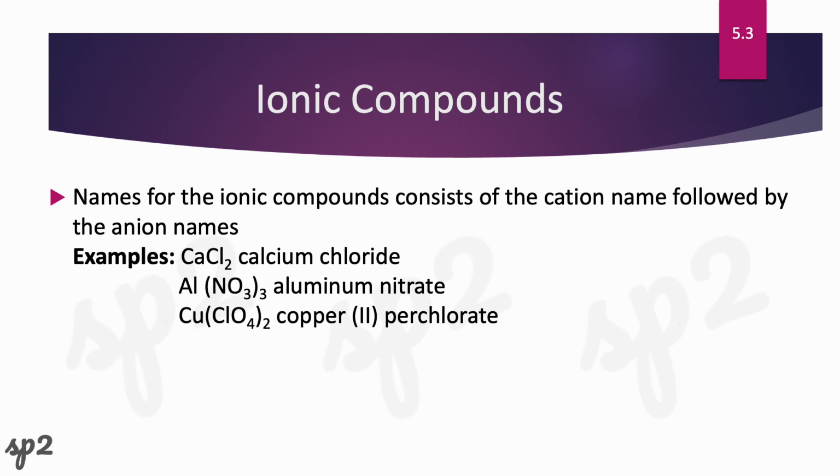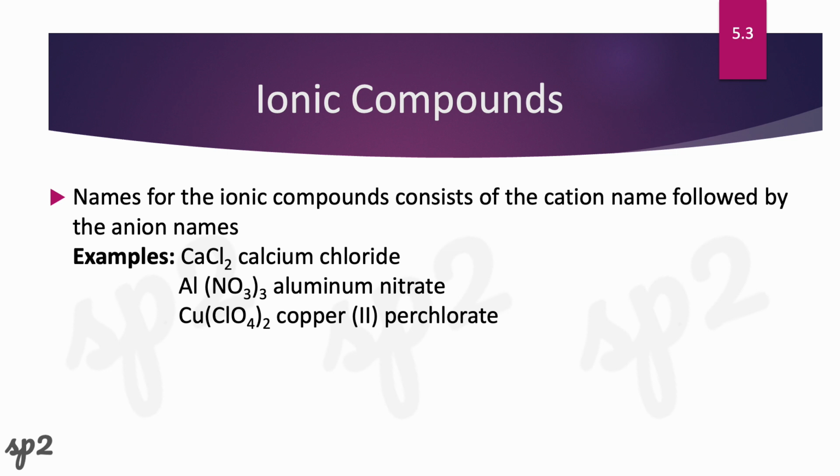I know that calcium is my cation, so that must be the first name. I also know that calcium belongs to the second column of the periodic table, and I don't have more than one option for the charge. So calcium must always be 2 plus, and I do not need to specify that. Then I have chlorine in the form of an anion, so that must be chloride, with ide at the end of the name. So calcium chloride, we're done.